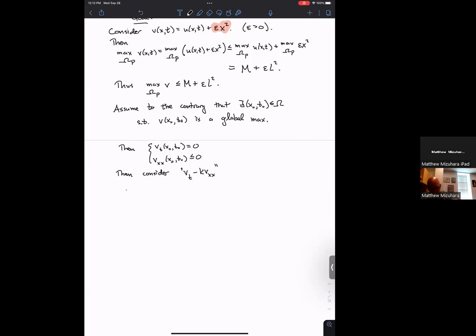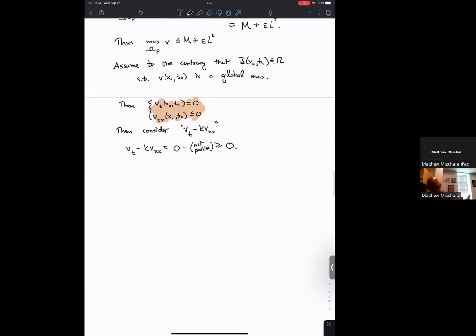From what we just wrote, Vt minus k Vxx, using the inequalities and equalities I just wrote down, is 0 minus something that is less than or equal to 0, so something not positive. So 0 minus a not positive thing gives a positive thing, so this result needs to be bigger than or equal to 0.